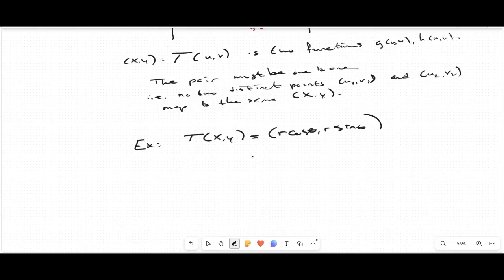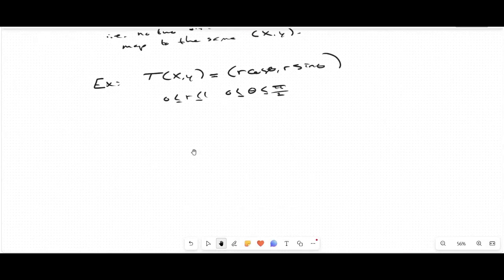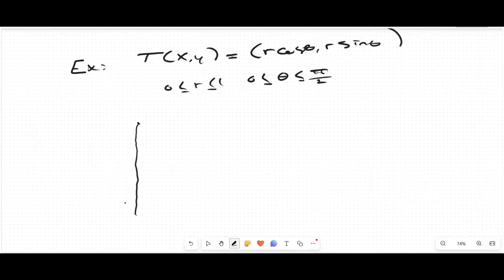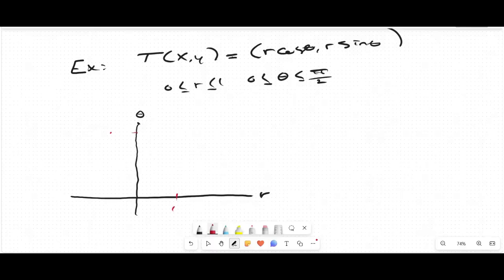We'll take r from 0 to 1 and theta from 0 to pi over 2, and we're just going to sketch a little bit. So when you see r going from 0 to 1 and theta going from 0 to pi over 2, you see something like this. They're constants, 0 to 1, 0 to pi over 2. It's a rectangle.